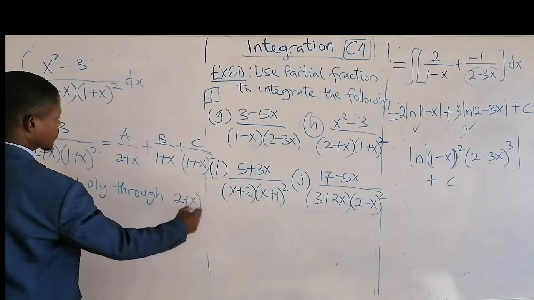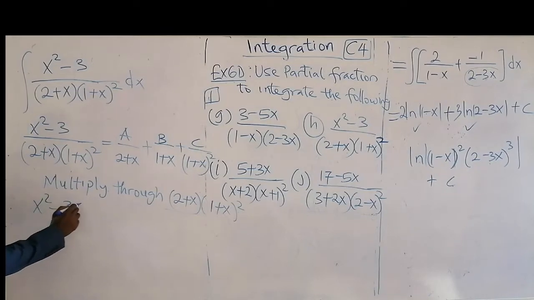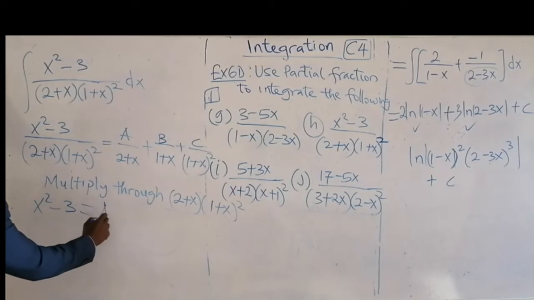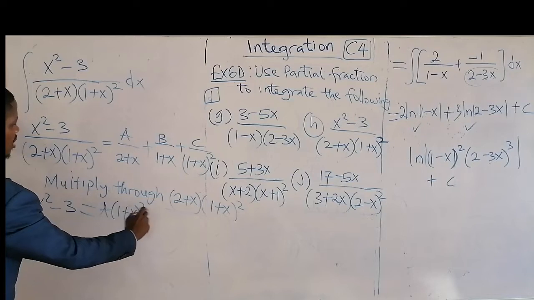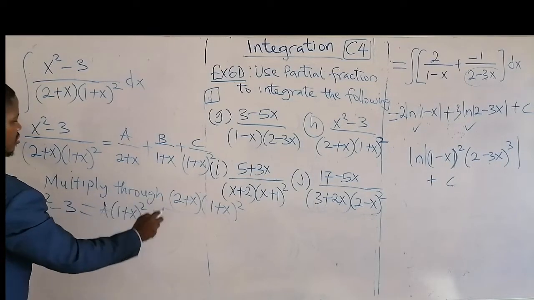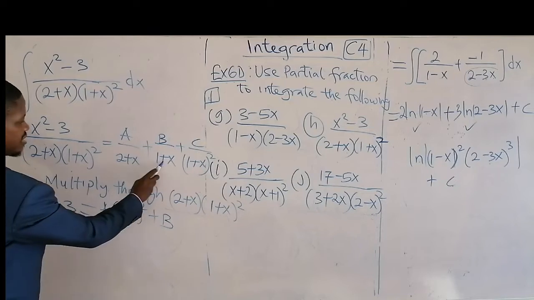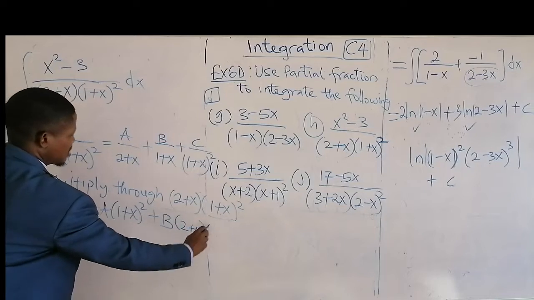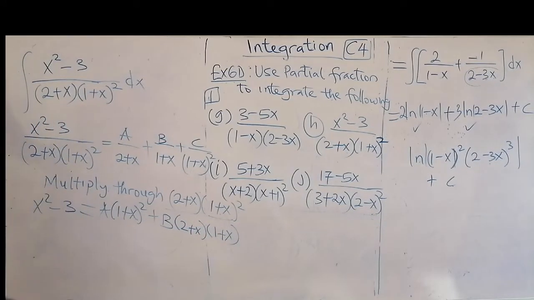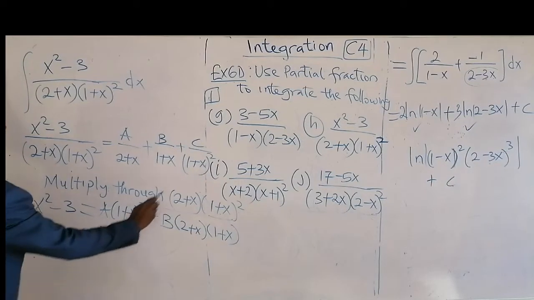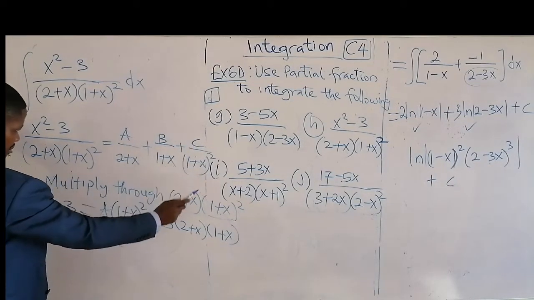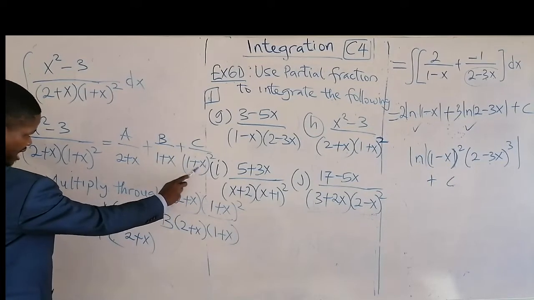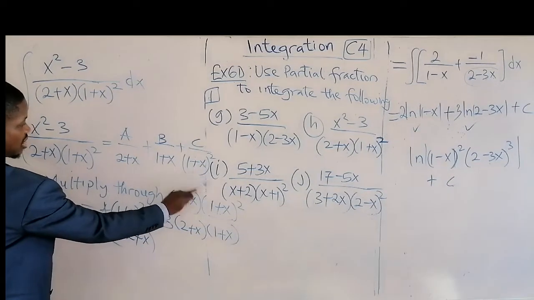We have the numerator on the left, then A times 1 plus x all squared, plus B times 2 plus x times 1 plus x, finally plus C times 2 plus x. The 1 plus x all squared cancel each other.